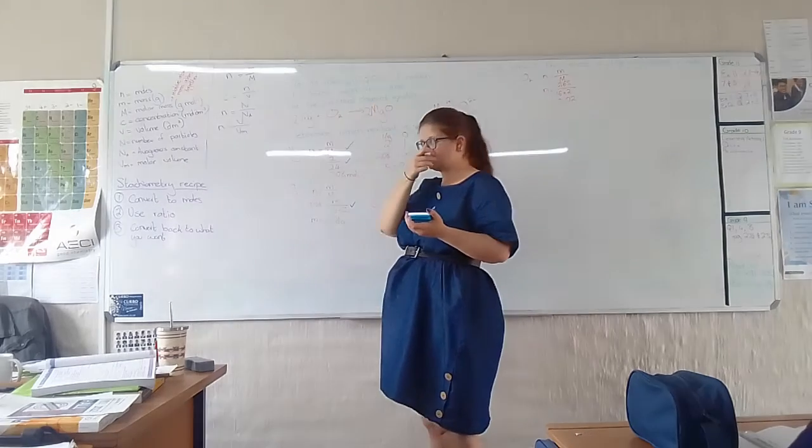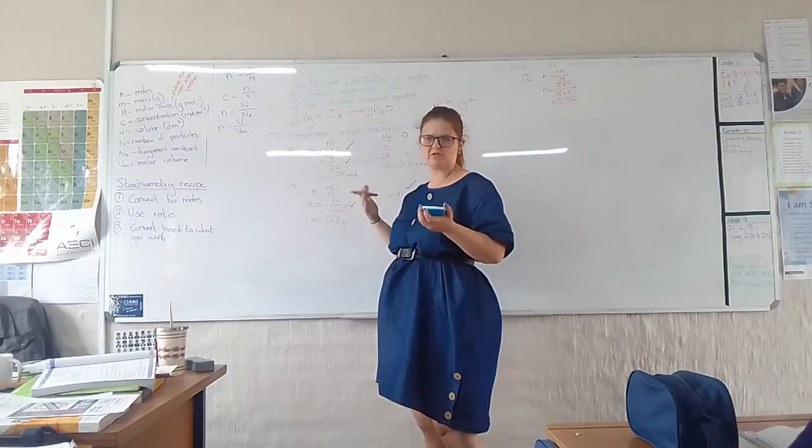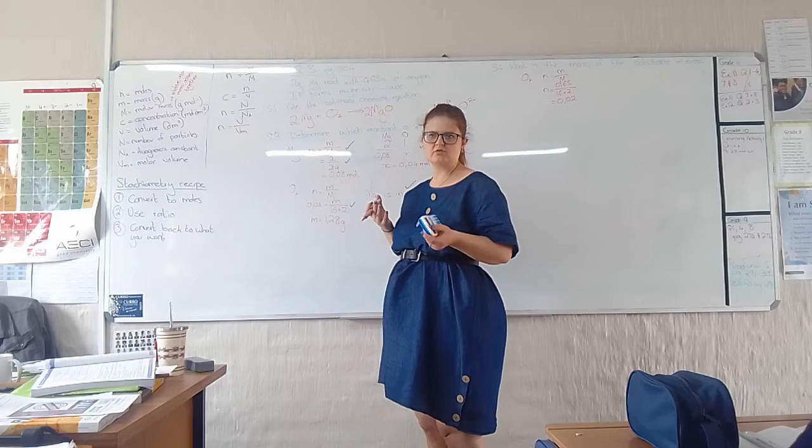But the oxygen is in the right amount. It was not in excess, so we have the right amount of oxygen. So I want to work out what the right amount of magnesium was.